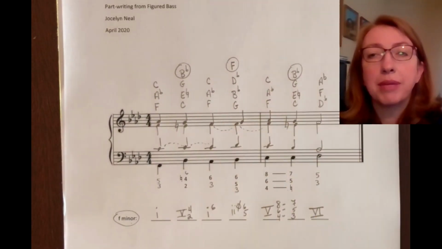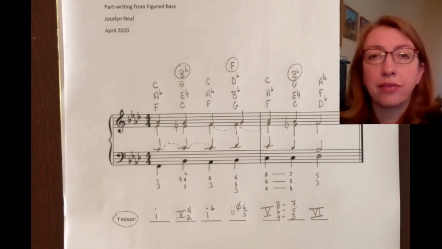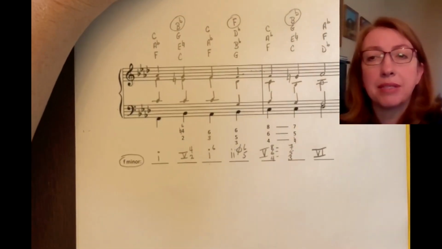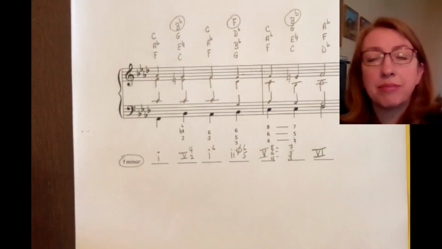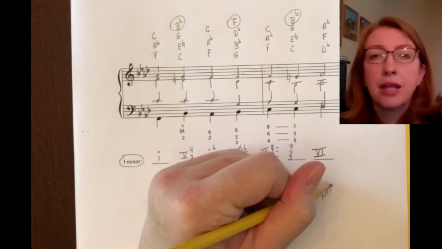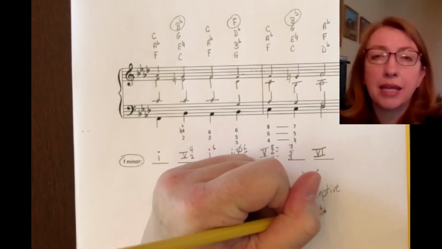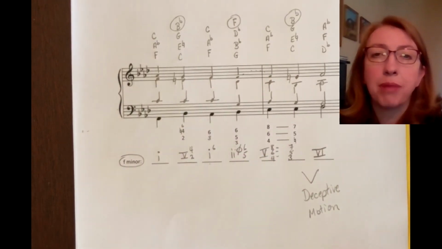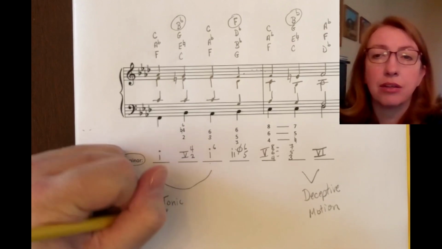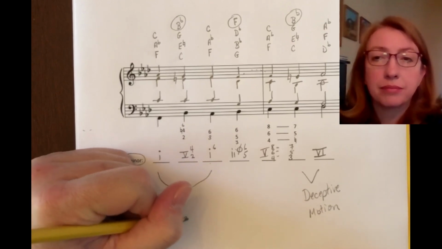Now let's do a little bit of analysis and make sure we recognize the common patterns that we used here. The cadence in this particular example is a deceptive cadence. We know how that deceptive motion works, where only the bass moves to scale degree 6. The opening 3 chords were a tonic expansion, and we've practiced the part writing for soprano bass counterpoint within that particular formula.